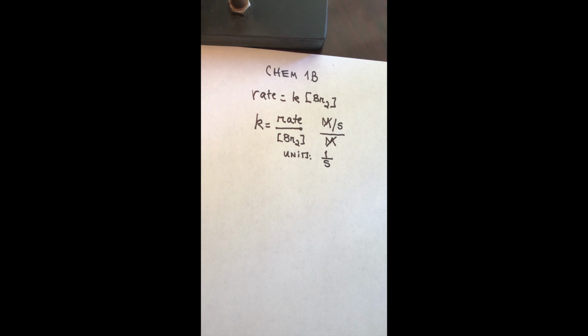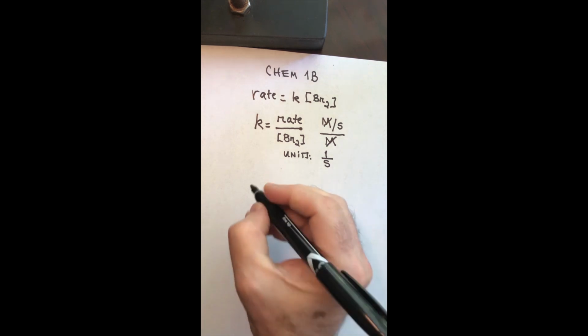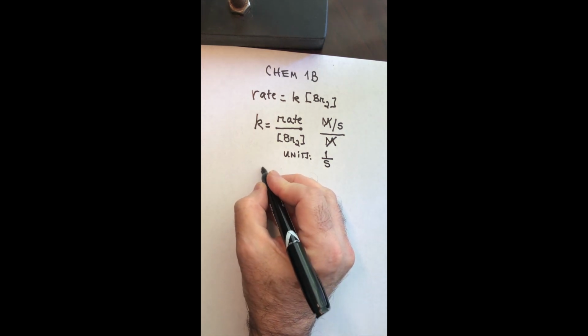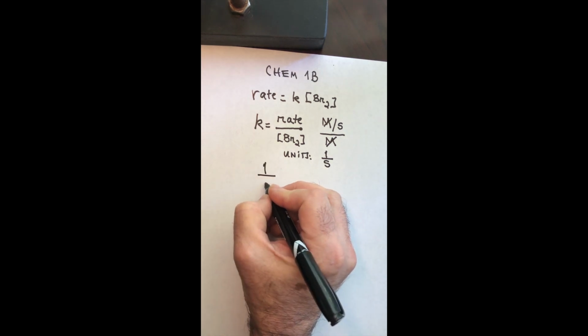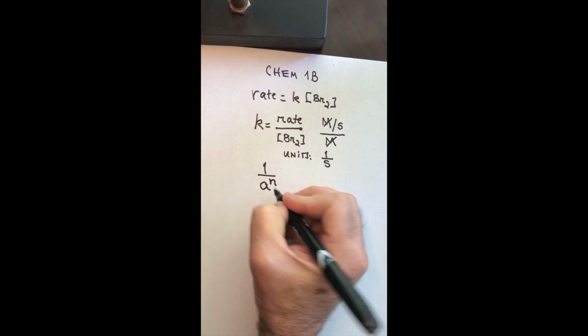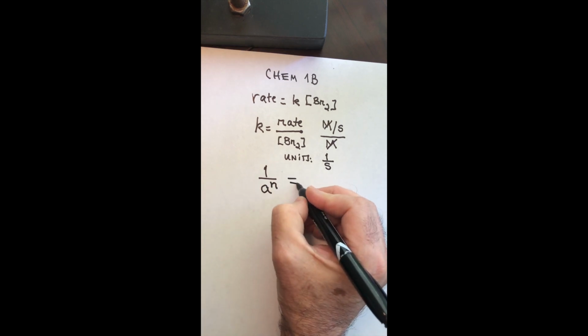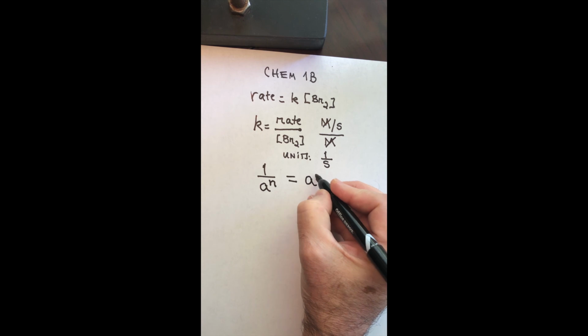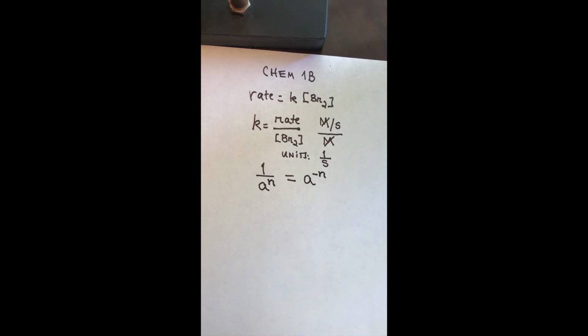In other words, the reciprocal of the seconds. Now, what we can do here is apply something that we should have learned in algebra, which is that whenever you have an expression such as the reciprocal of some number a to some exponent n, we can also write that as a to the minus that particular exponent.